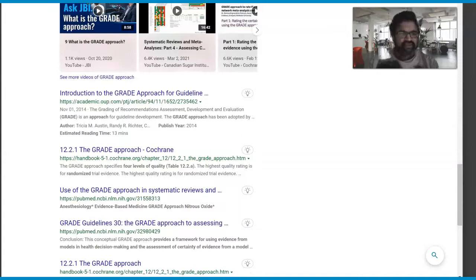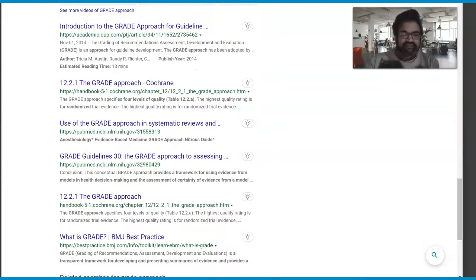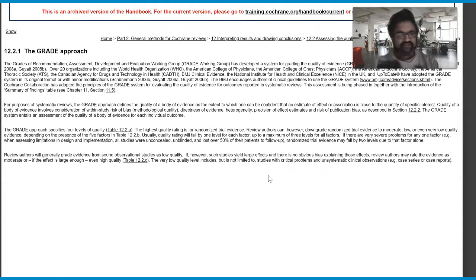This provides some reviews of the GRADE approach in different handbooks. I just wanted to provide one more resource surrounding this. Grading of Recommendations, Assessment, Development, and Evaluation working group. So that's the GRADE working group: Recommendation, Assessment, Development, and Evaluation.